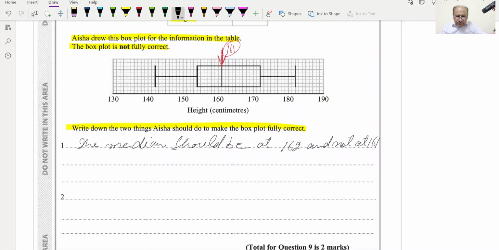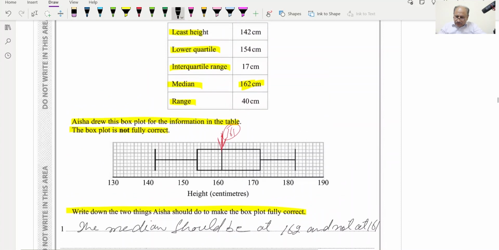So the second thing which we can check is the interquartile range. Interquartile range is the upper quartile minus the lower quartile. So we can check from this point to this point, which is 172, and this point will be 154.